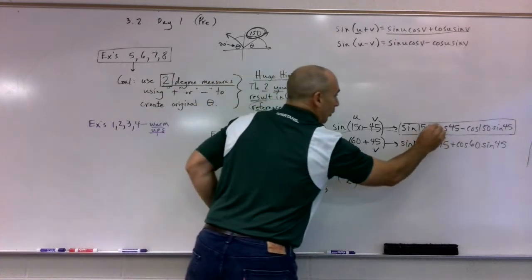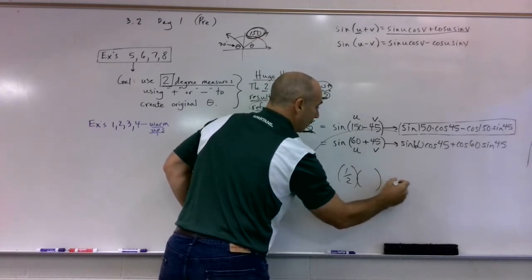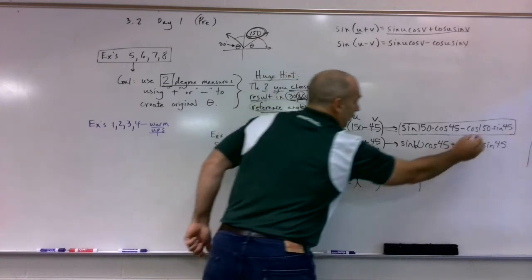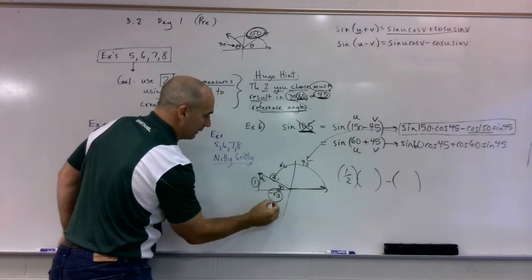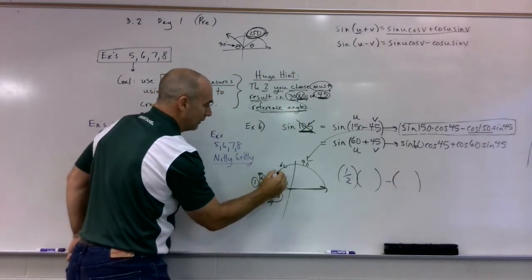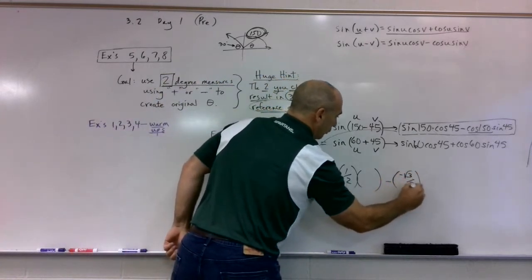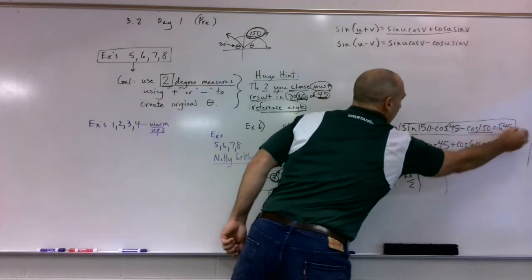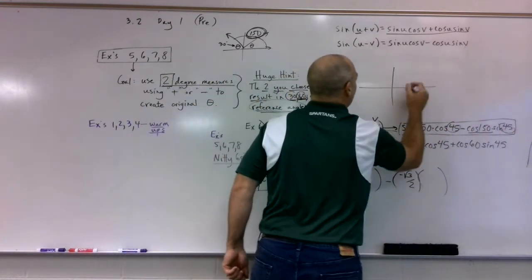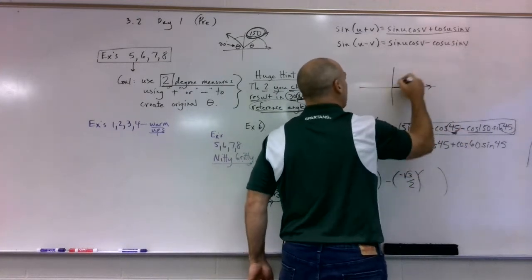I do need to find cosine of 45, but I'll get there in a minute. Minus, now look what else I got to find. Cosine of 150, so cosine would be negative square root of 3, that's my adjacent, over my hypotenuse. So that'd be negative square root of 3 all over 2. And now, because these are 45s, I need to draw myself a 45-degree reference angle. In other words, spin your spinner 45 degrees up, bing.